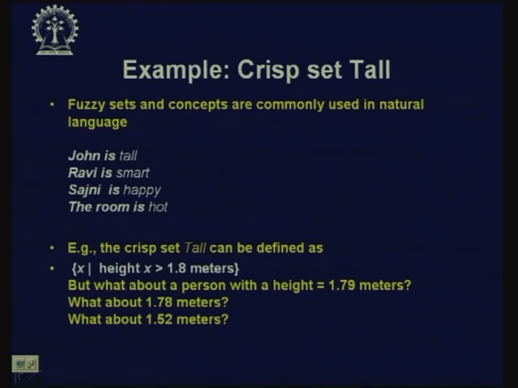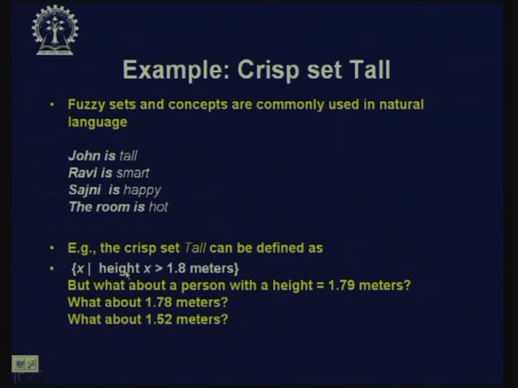Now, let us give some examples. Fuzzy sets and concepts are commonly used, like: John is tall, Ravi is smart, Sajani is happy, the room is hot. Now, for example, the crisp set tall can be defined as x. Where is x coming from?